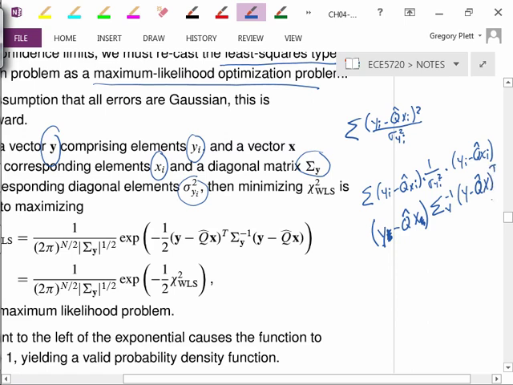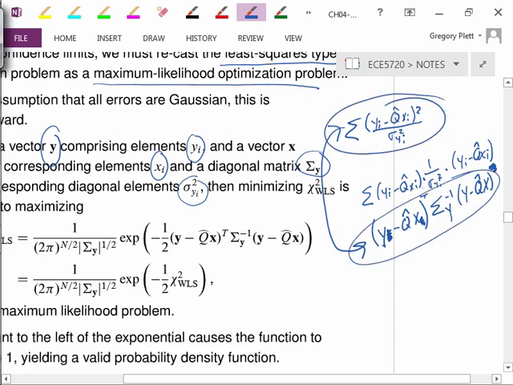We have to transpose this side to get it in the right form. So these two cost functions are the same, and minimizing this is the same as minimizing this.